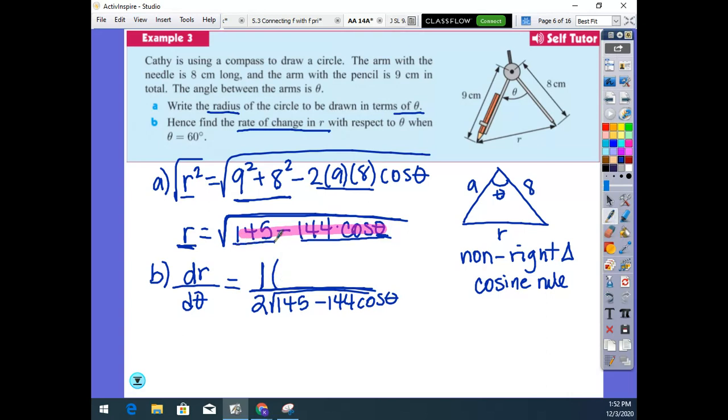So the derivative of a constant is 0. The derivative of negative 144 cosine. Well, the negative 144 is just a coefficient. The derivative of cosine is negative sine. So if I have minus 144 cosine, that'll be negative 144 times negative sine. So it's really, oops, still need the 144, sorry.